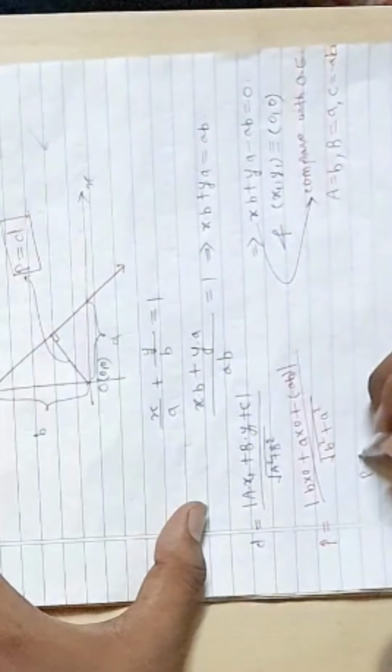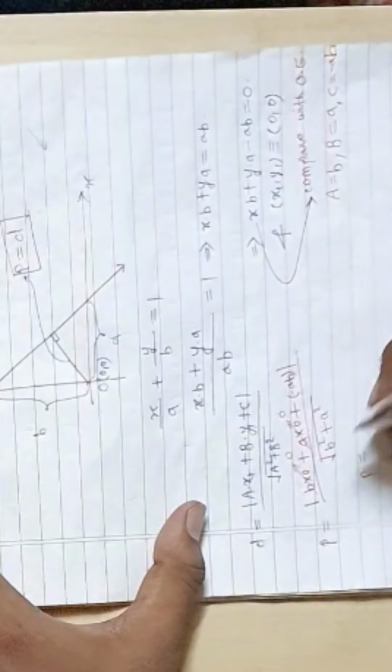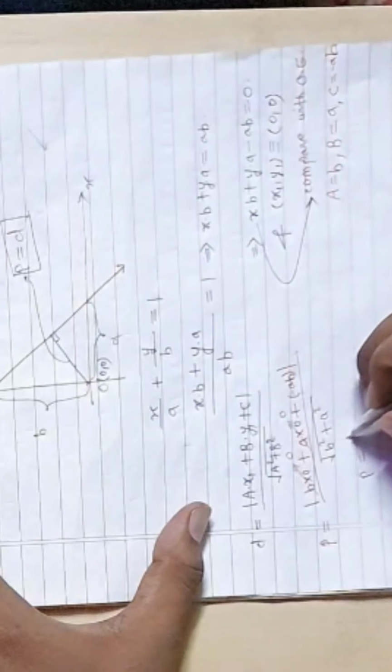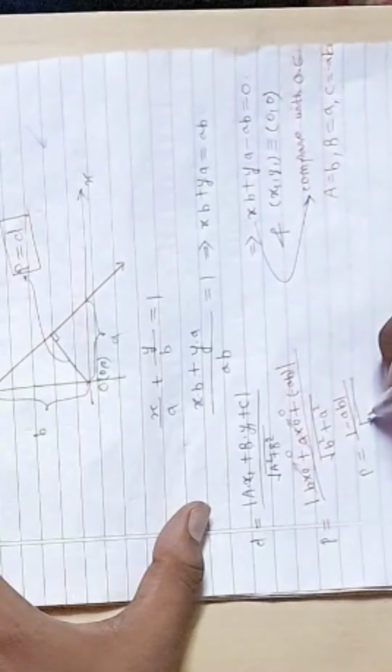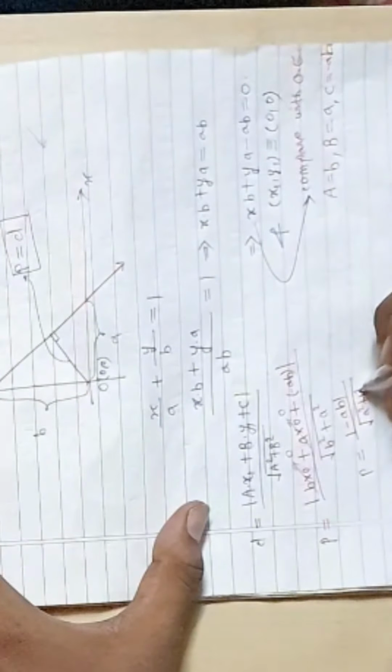Now after solving this, x1 and y1 are 0 so there is no need to write them. What we get is mod of minus ab upon under root of a square plus b square.